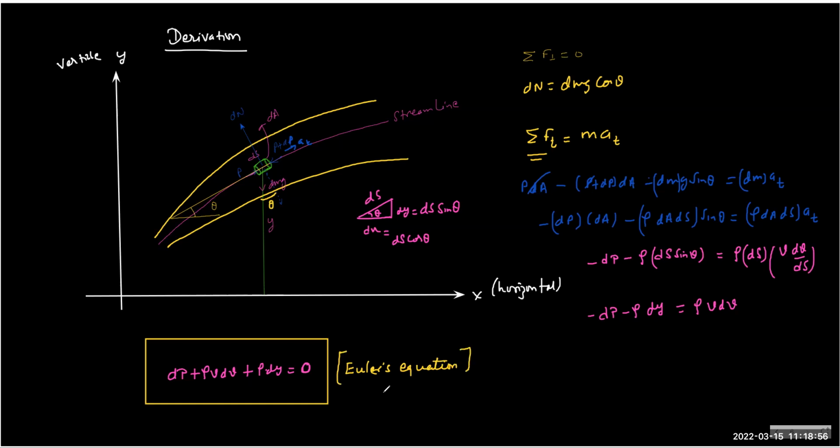So if you go for marine engineering or if you do mechanical, then you will study the Euler's equation. And if you integrate the Euler's equation, what you get is called Bernoulli theorem. So integrating both sides, what we get is dp plus rho v dv plus, I think I have missed something, g.